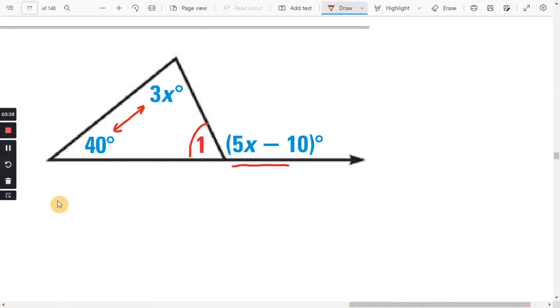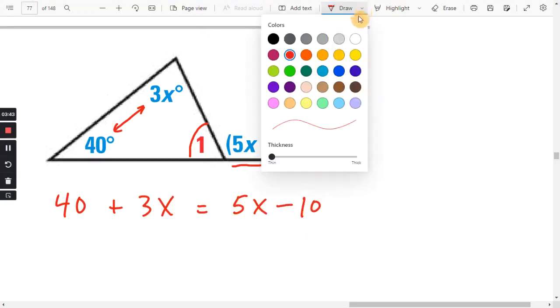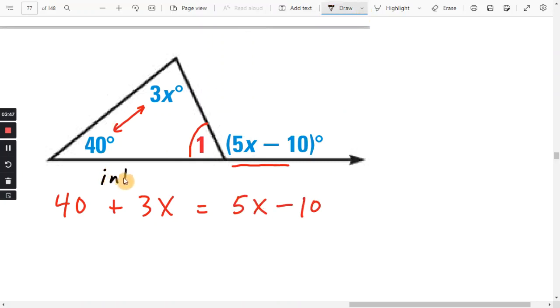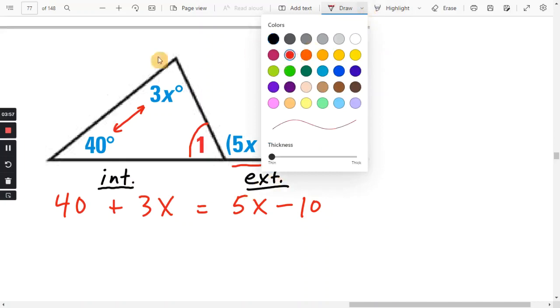All right, so we have 40 plus 3x, and that's going to equal 5x minus 10. So the first two are the interiors, and on the right-hand side of the equal sign is the exterior. All right, so that's how I did that.